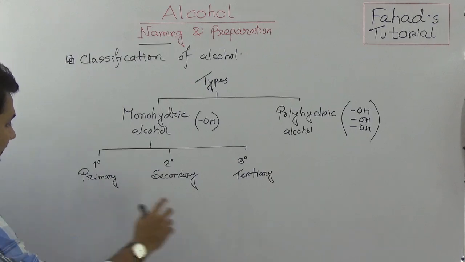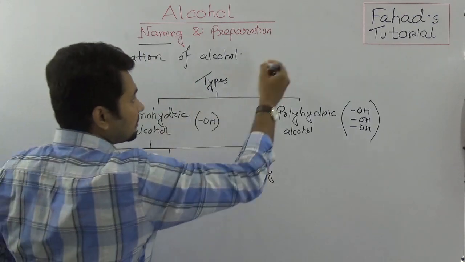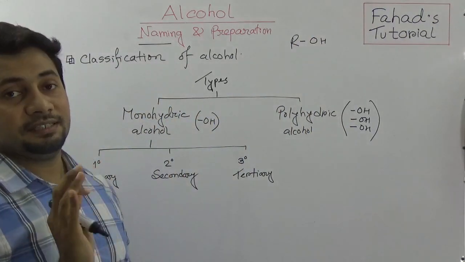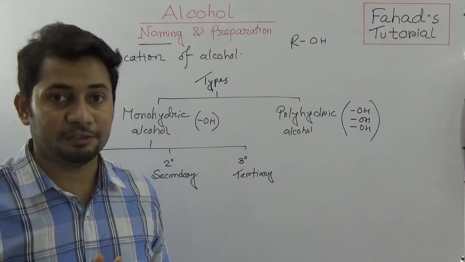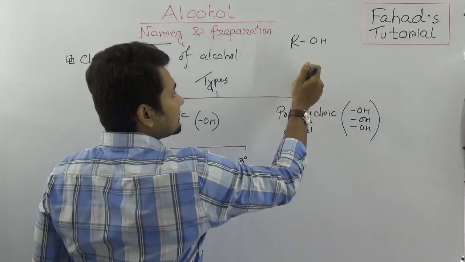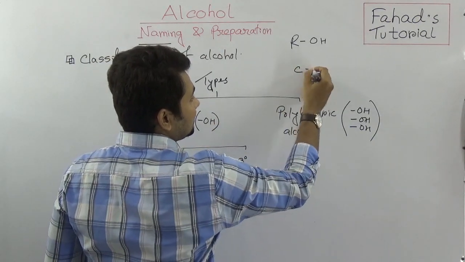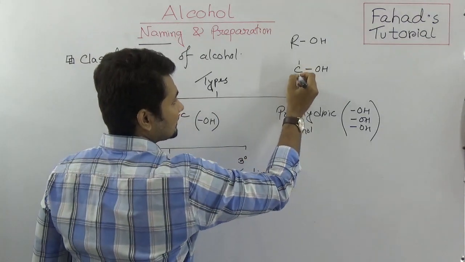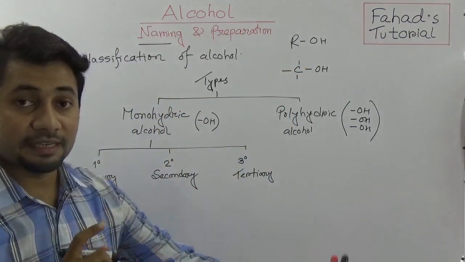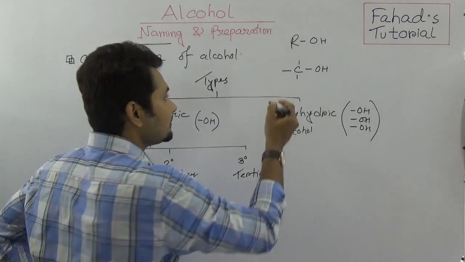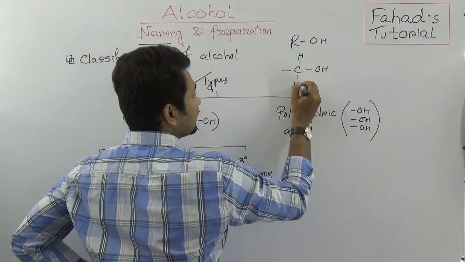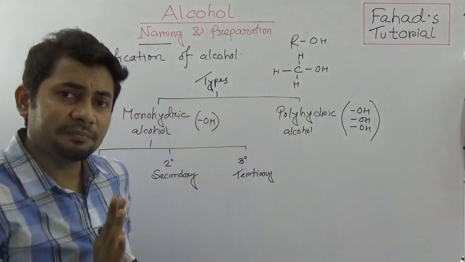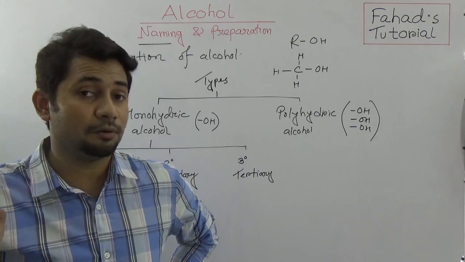How come? You see that in case of alcohol, ROH is the simplest expression of the functional group of alcohol. It means that with this carbon, 1 hydroxyl would be there, and on the other side there would be something, and that something can be hydrogen. If it is hydrogen, this is simply methanol, that is CH3OH.